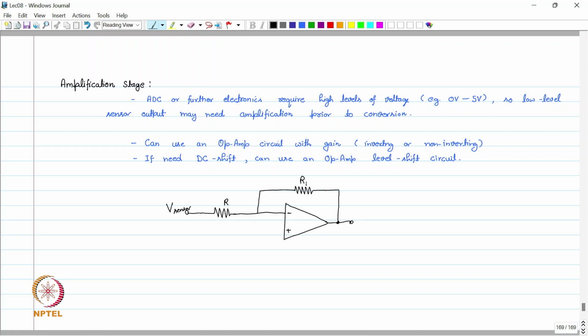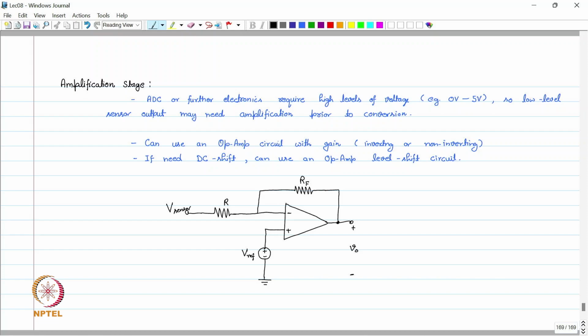This is feedback resistor RF, and on the positive side we attach a voltage which is Vref, and this is Vout. So this is the basic configuration of an amplifier using an op amp.